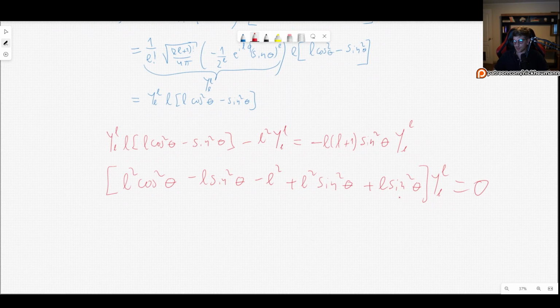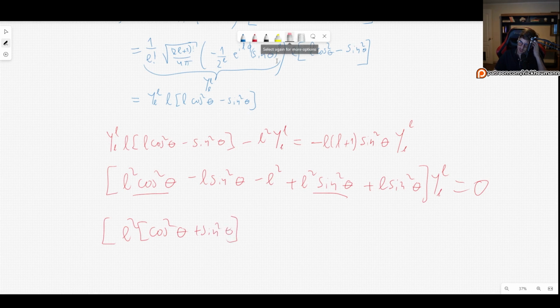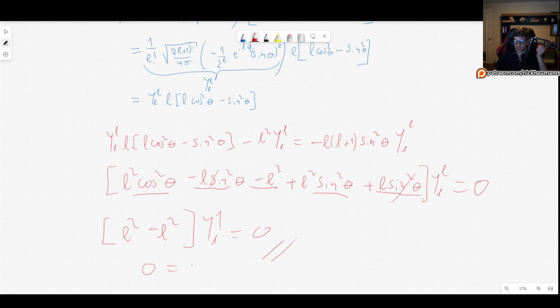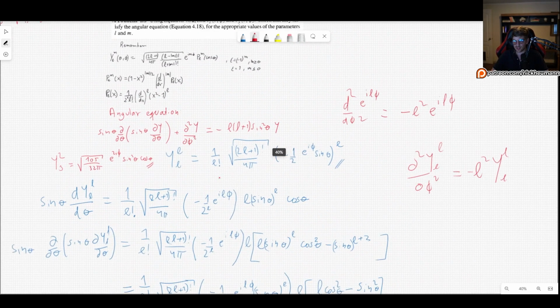This has to be equal to 0. Now we have cosine squared and sine squared, so of course we can factor out L squared times (cosine squared theta plus sine squared theta), which is 1. So bye-bye to this. And we also have minus L squared, this one. And then we have minus L sine squared and plus L sine squared, which cancel out. So there we go. It is indeed equal to 0, right? 0 equals 0. So we can see that this is indeed a solution for this differential equation.